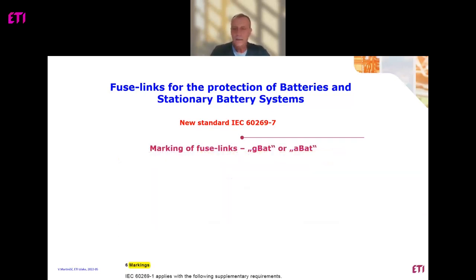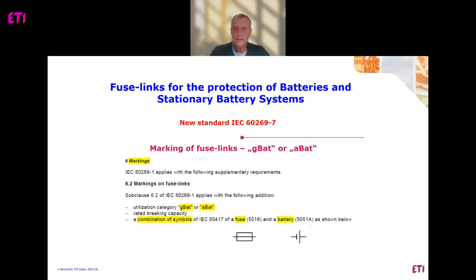Marking of fuse link from this range should be G-BUT or A-BUT. G-BUT is for general range, A-BUT is for limited range current, overloading current, and in additional combination of symbols of fuse and battery should be printed on the fuse.